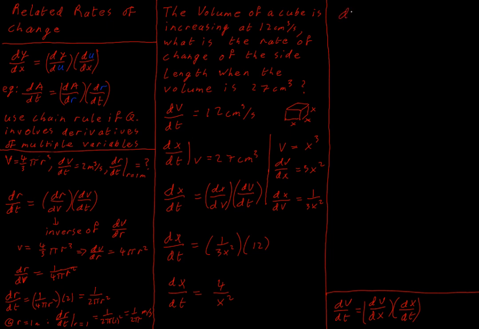So if I want to know what dx/dt is when v is 27 centimeters cubed, and I know stuff in terms of x, all I have to do is convert this into an equivalent x value. x cubed would be equal to 27. Get the cube root of both sides.